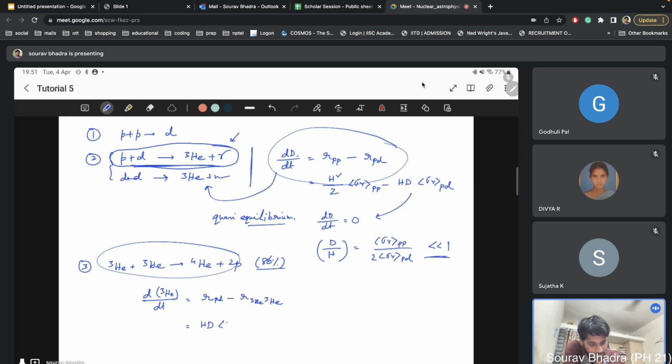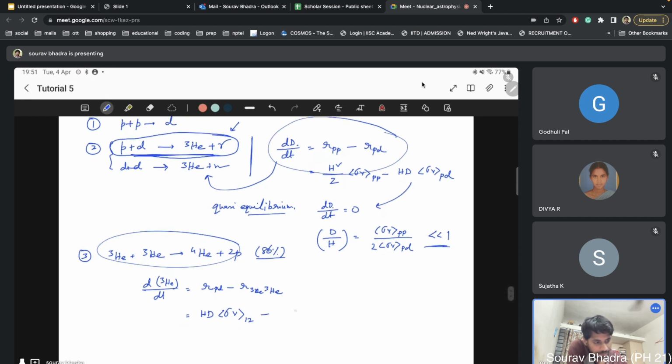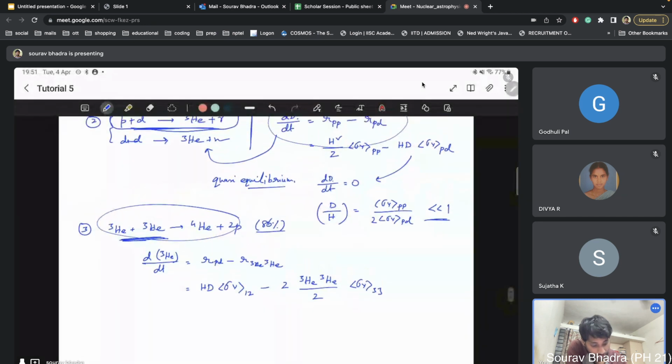It can be written like this: sigma V Pd I am writing as 1 2, because it is easier to follow, otherwise I have to write 3He again. 1 means proton, 2 means deuteron, minus 3He squared, and the delta factor sigma V 33. Sigma V 33 means sigma V of this particular reaction. So this is the equation.